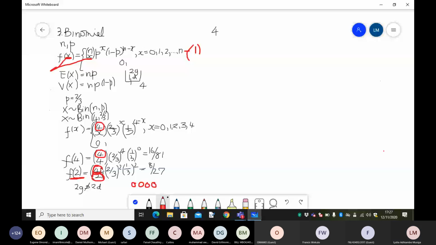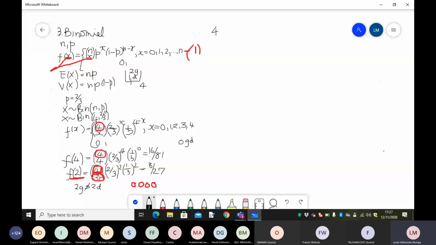Now, if you want the probability that you get 0 good bulbs, what are you going to do? Where I have put 2, you'll put 0.